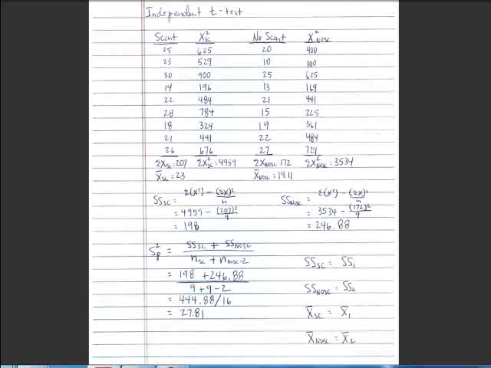Now, before we do that, I want you to think back to our discussion about the central limit theorem, and I want us to talk about something called a sampling distribution of differences between means. So when we were talking about the central limit theorem, we took 1,000 samples, size 64. For each of those 1,000 samples, we calculated a mean.